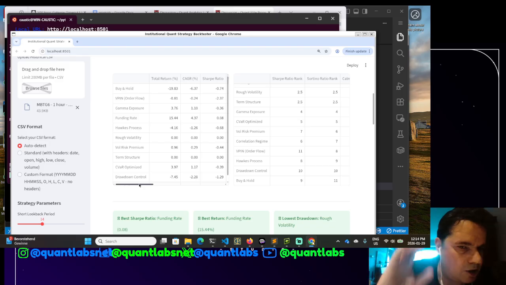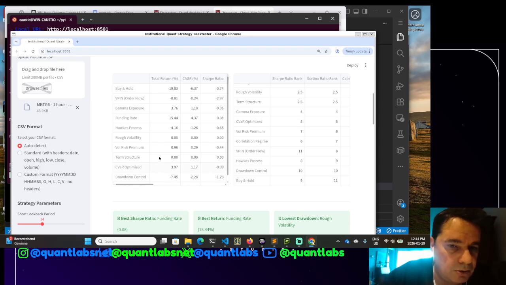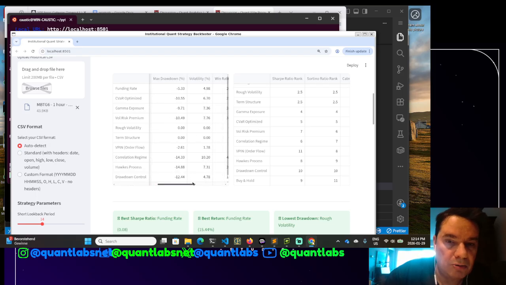It breaks it down into coding, and then we're able to measure which strategy out of all of them, AI generated again, will give me the best forward looking from past data, based on return, CAGR, Sharpe ratio, and so on.